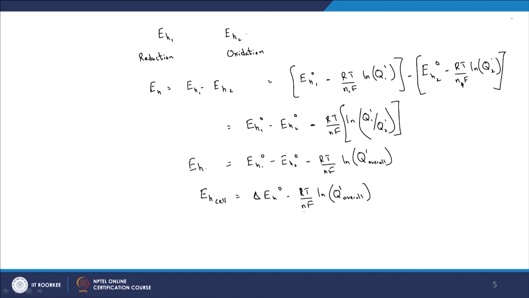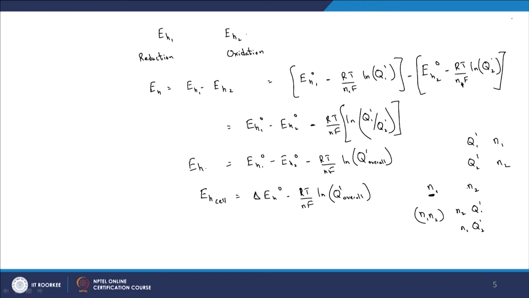Here, let us say it is not only the same number of electrons being transferred as in one half reaction, but we had N1 and then N2. So the N would have to be replaced by N1 N2, the number of electrons being transferred. For the Q1 dash relevant half reaction we had N1 electron transfer, and for the Q2 dash relevant reaction we had N2 electron transfer.